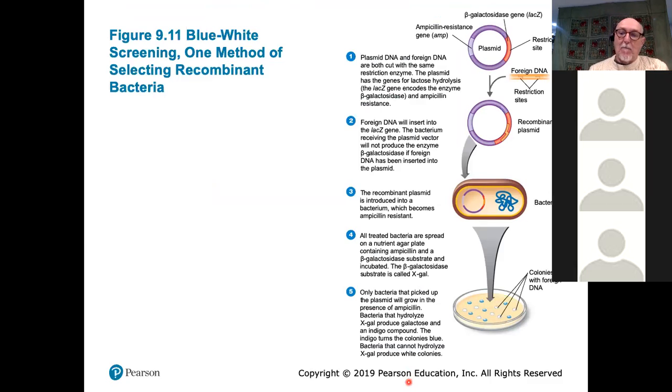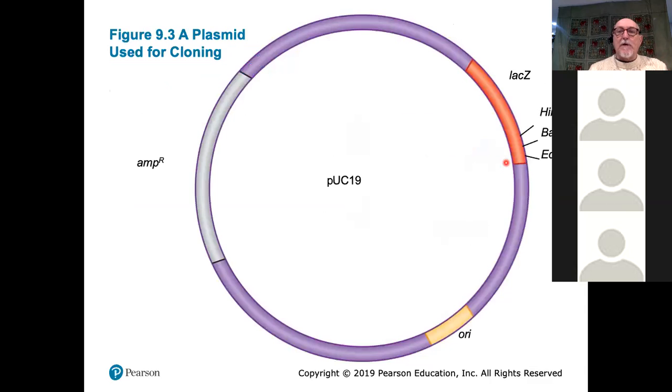Can you tell that it has taken up the plasmid? I guess I'm trying to figure out how the gene of choice is inserted into that particular portion. Yes, okay. That's a perfectly good question.